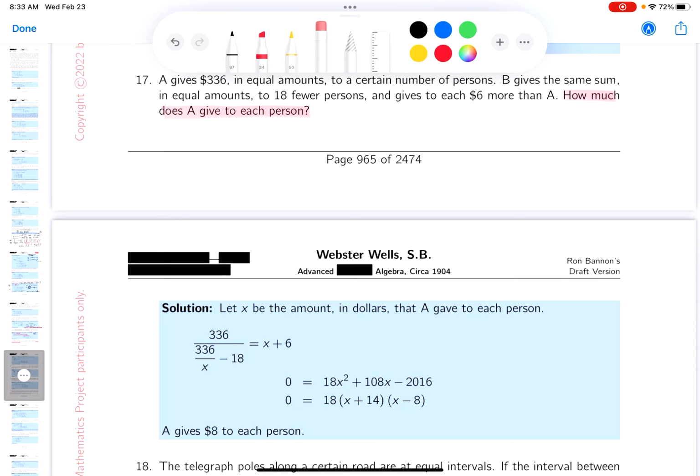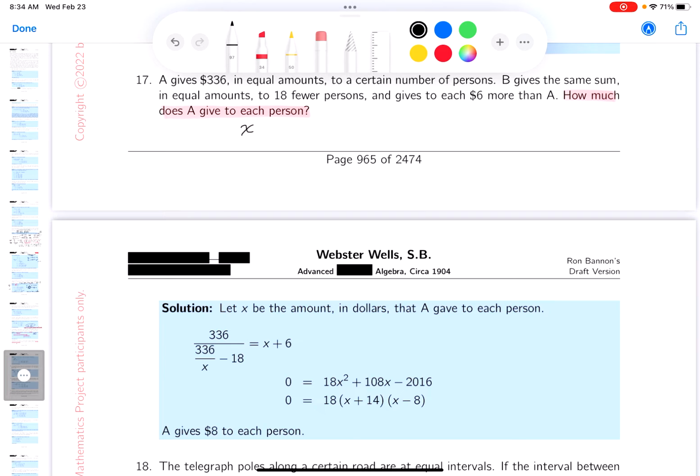All right? So I'm going to say that's what X is. X is the amount of money that A gives to each person. So then the question becomes, A gives $336. If you gave $336, you might ask, how many people are there then?